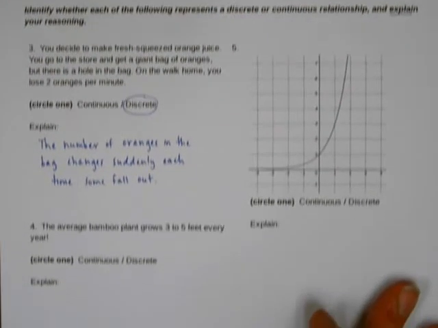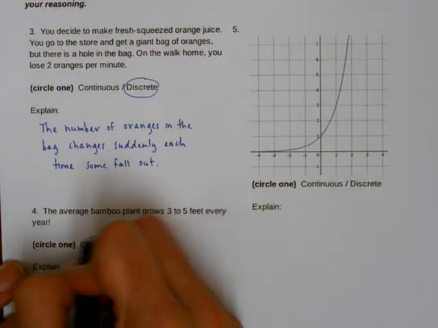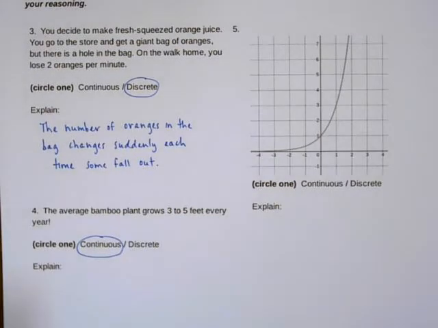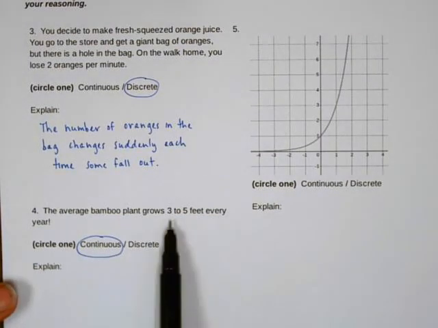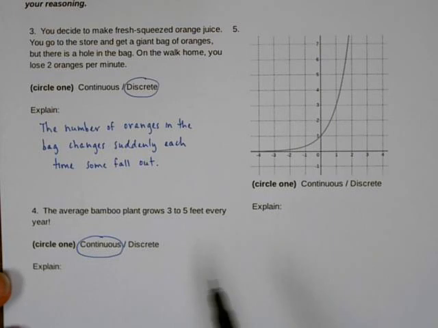Now, for number 4, it says the average bamboo plant grows 3 to 5 feet every year. So if we think about how things grow, this is going to be more of a continuous relationship because that change, it's not like all of a sudden the bamboo plant is going to be 3 or 5 feet taller. That change is going to happen gradually.